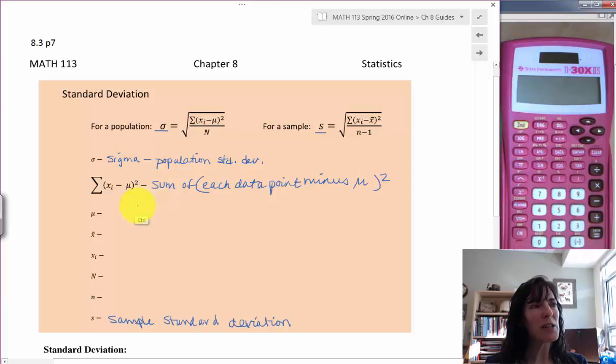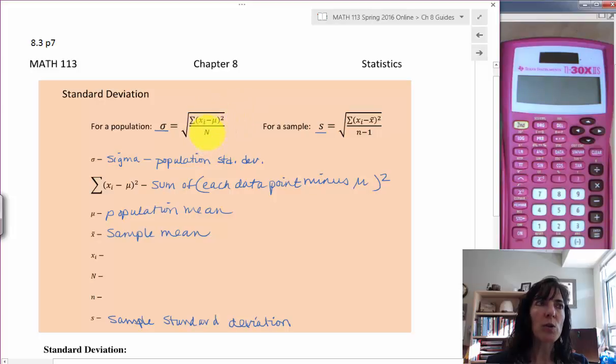Okay, so that's the process there. Mu is the population mean, remember? X bar is the sample mean. And notice here we're using the distance from mu when we're trying to find the population standard deviation. And here we're using the distance from X bar when we're trying to find the sample standard deviation.